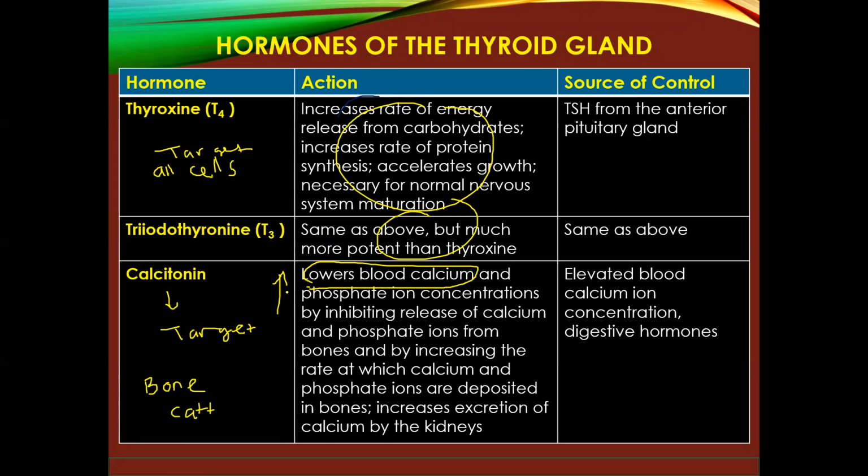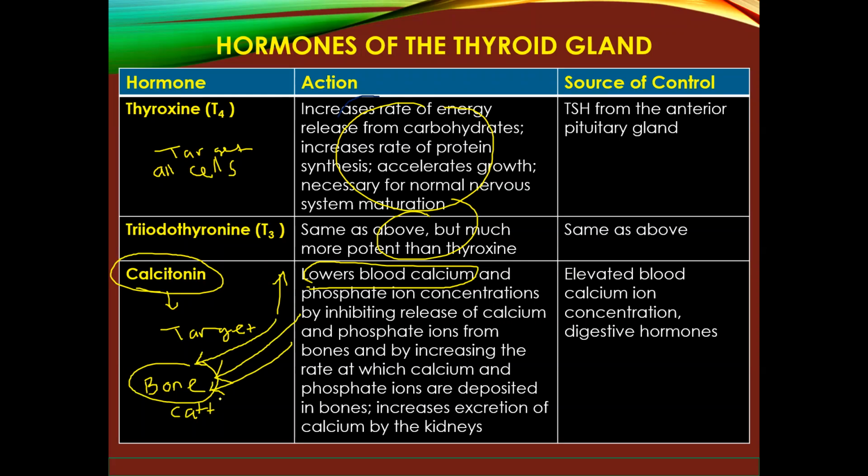If it is too high, for example, then calcitonin will be released from the thyroid gland, and this calcitonin will make the bone take extra calcium from the blood. It will be stored in the bone.